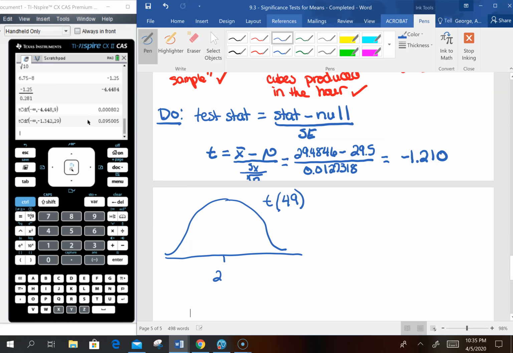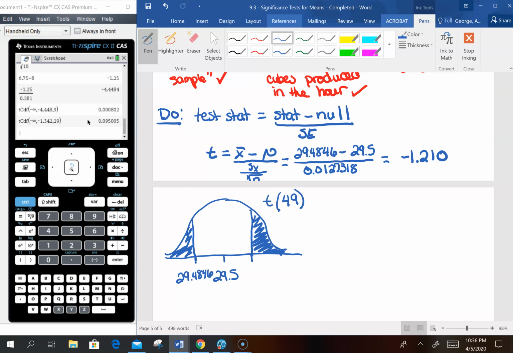All right, 29.5 is our mean. So what we have for our x bar is 29.4846. So that's here. We also need the other side of that, because this is a two-sided test that we're figuring out.